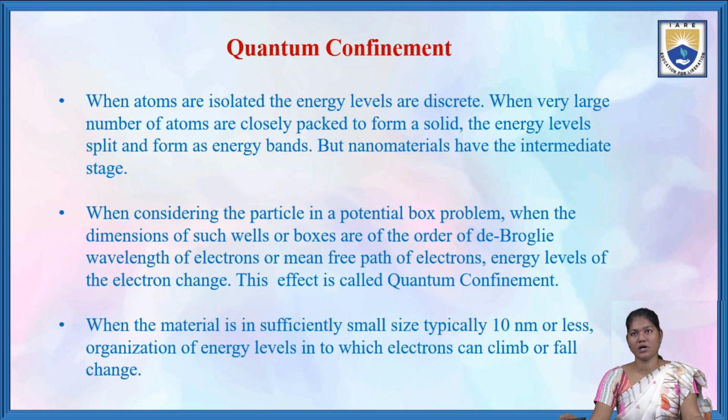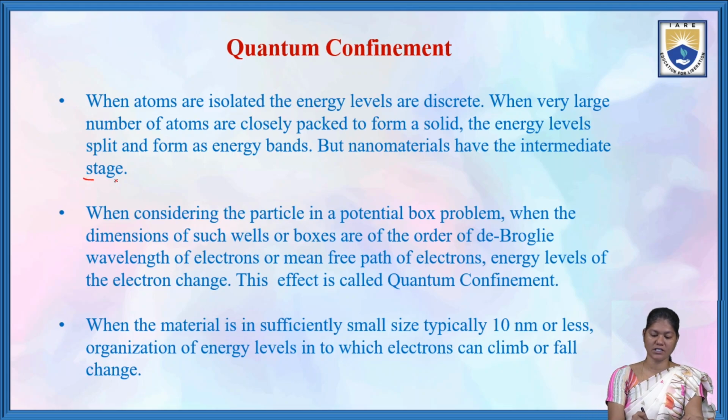Next, coming to quantum confinement. When atoms are isolated, the energy levels are discrete. When a very large number of atoms are closely packed to form a solid, the energy levels split and form energy bands. But nanomaterials have an intermediate stage.